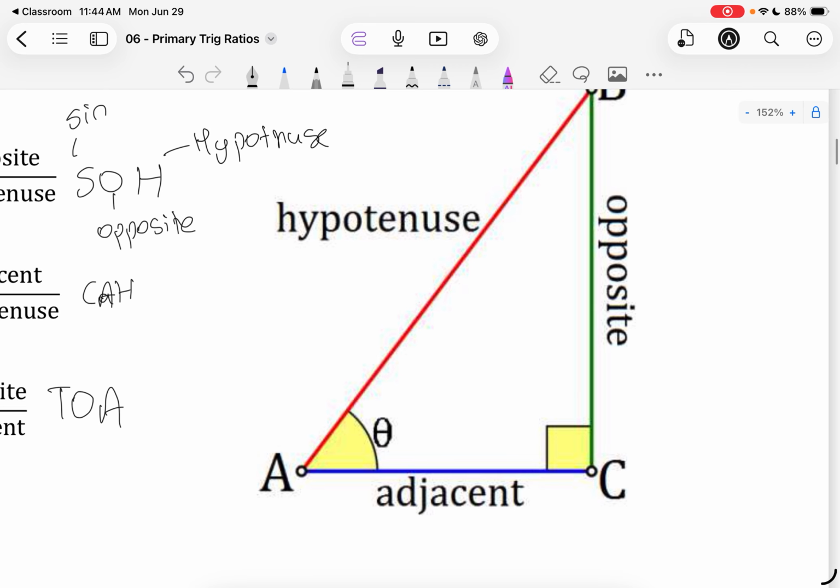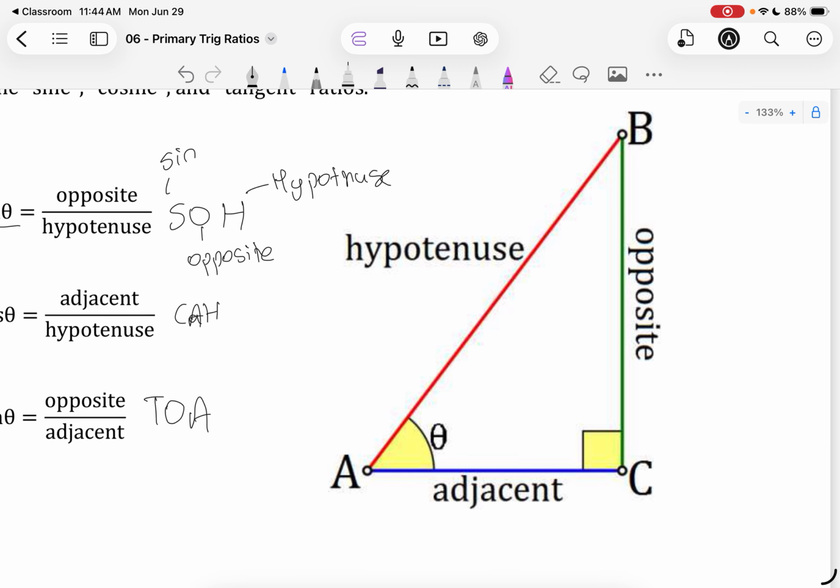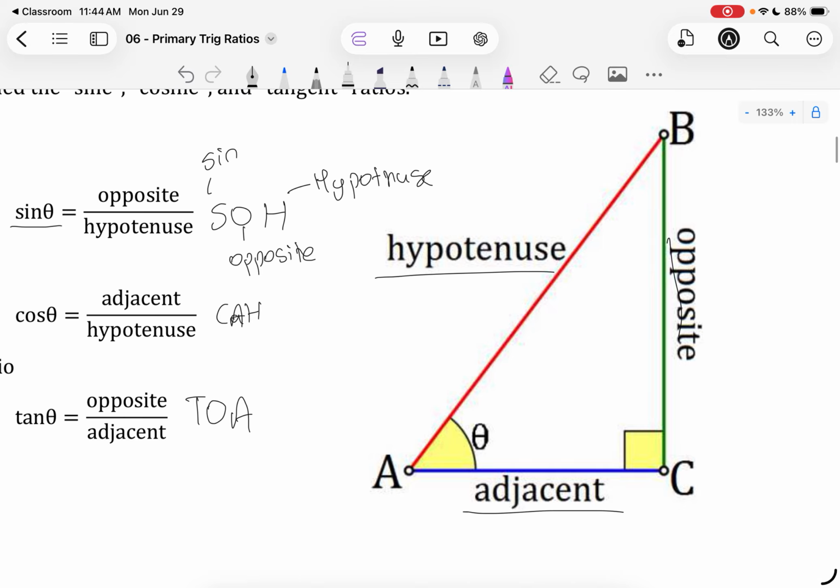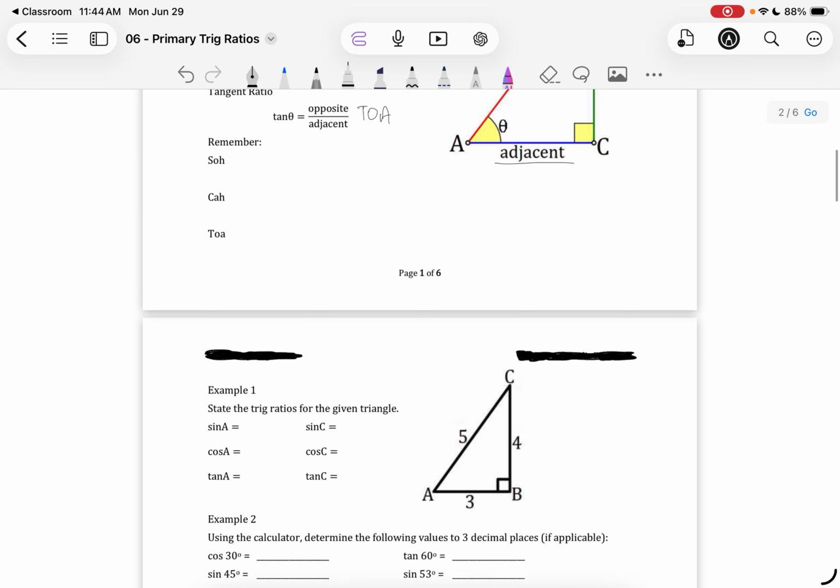For instance, in this case, if we wanted to find out the hypotenuse and we had these two sides, we could use SOH, sine, or we could use CAH, cos, since we have the adjacent. But we couldn't use tangent since tangent never uses the value for hypotenuse. You don't memorize three formulas separately. In this case, SOH CAH TOA tells you which sides are involved for which ratio.